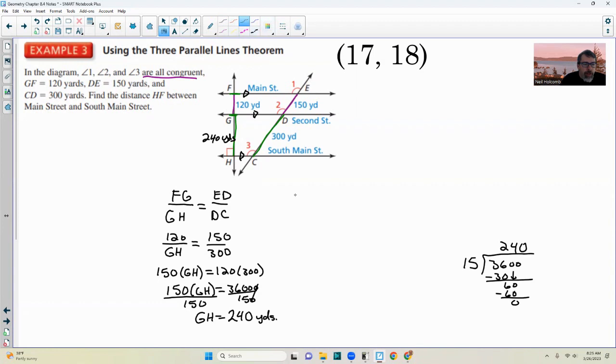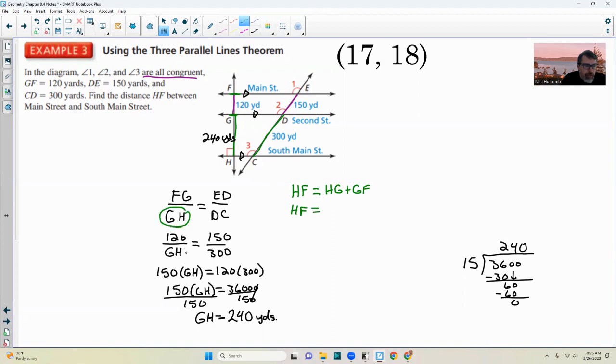Well, be careful. So now we say HF, not HH, HF. HF equals, that's the whole thing, HG plus GF. So HF equals, now I substitute my givens.